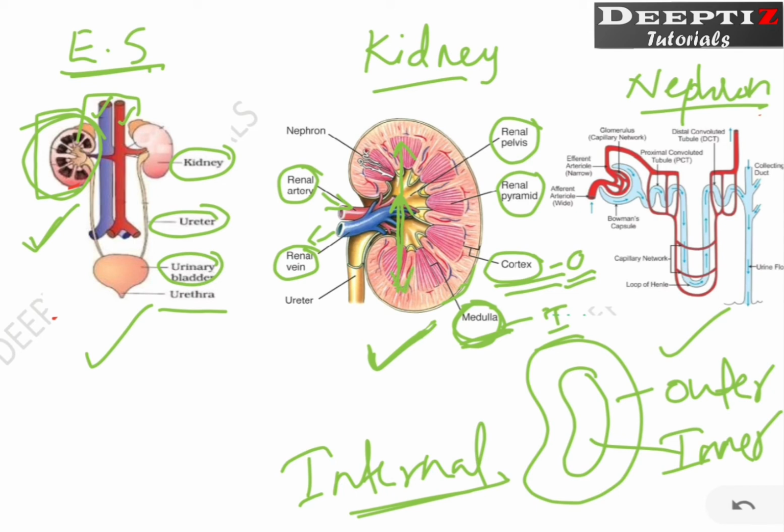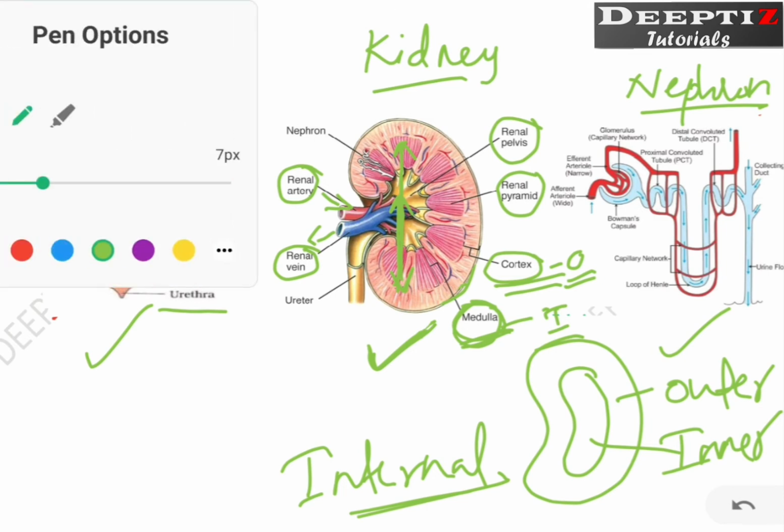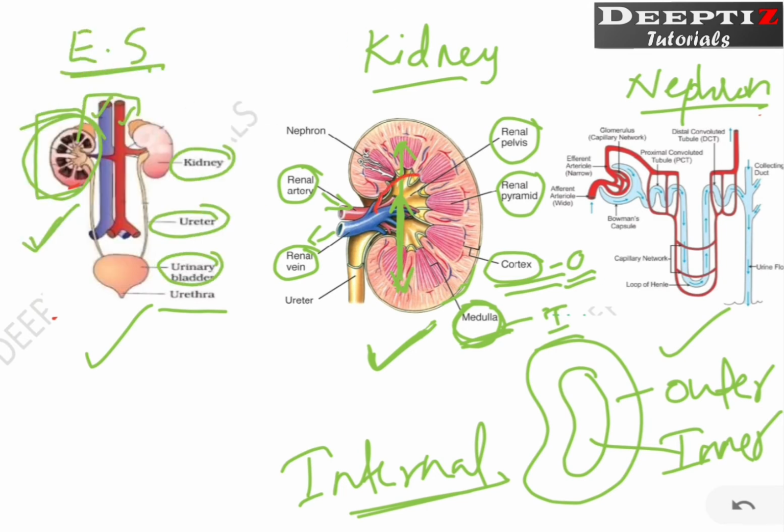This much structure is the medulla. Now this medulla consists of a funnel shaped area. This funnel shaped area is termed as renal pelvis. You can see this yellow colored area is actually the renal pelvis.